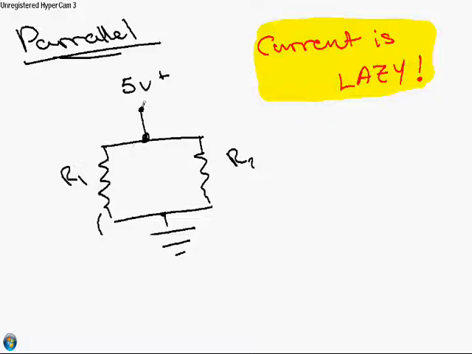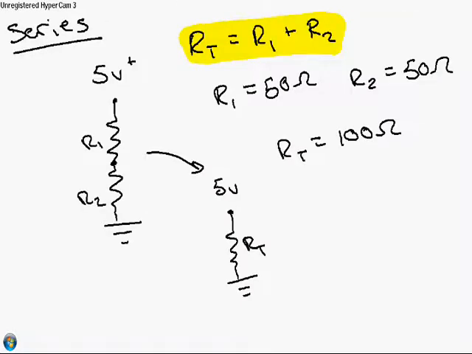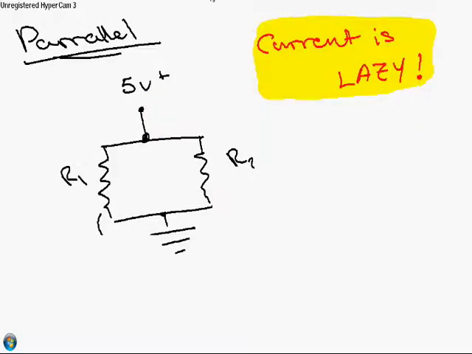So, if I've got 5 volts here, and I'm going to use red to represent current. So, here comes my current. And at this node, it's going to split into I1 and I2. Now, this is where circuit analysis comes in, which is a useful skill, but we're not going to talk about it right now.